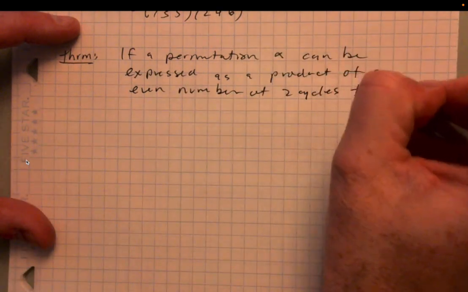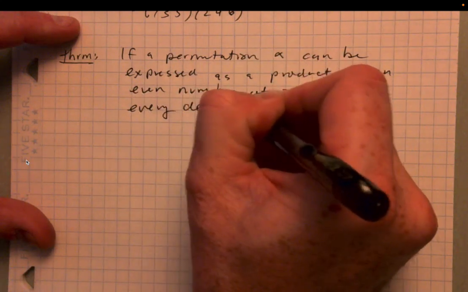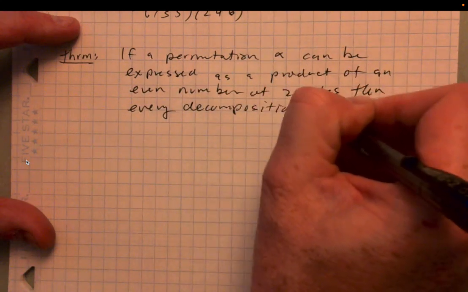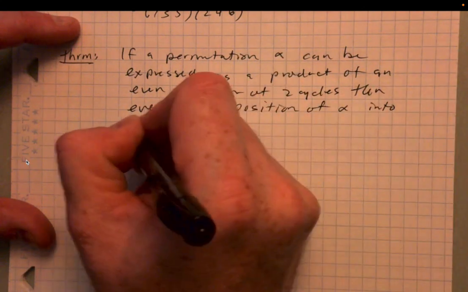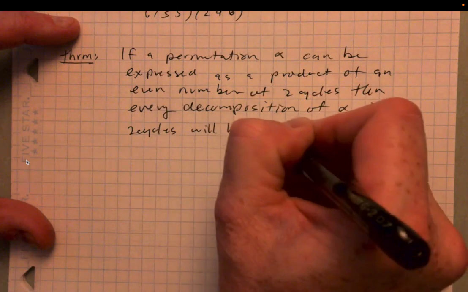Then every decomposition of alpha into 2 cycles will have an even number.